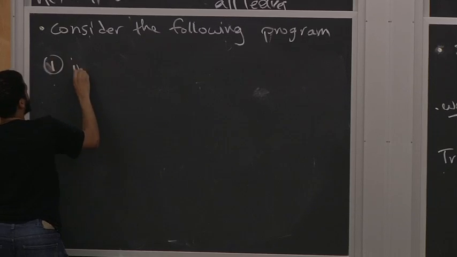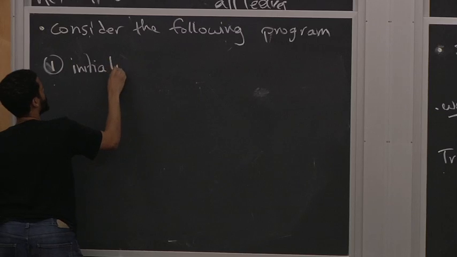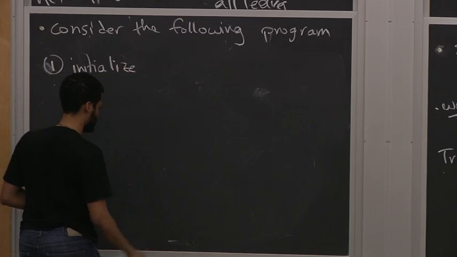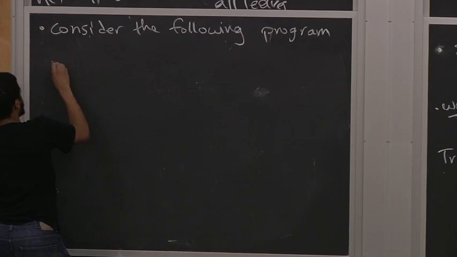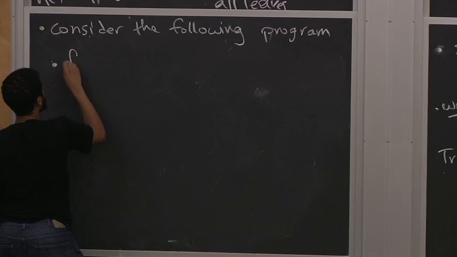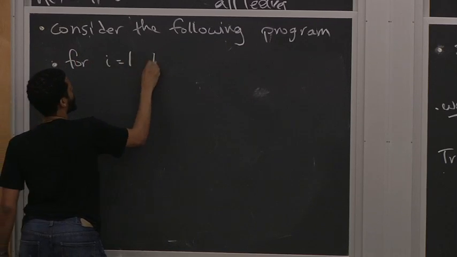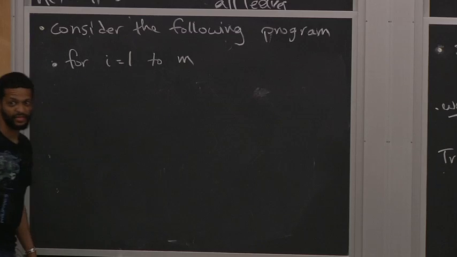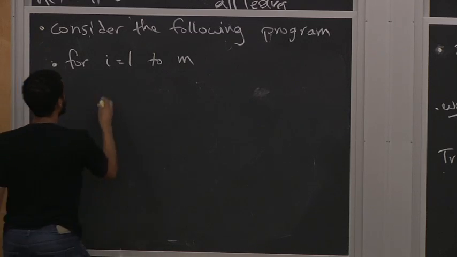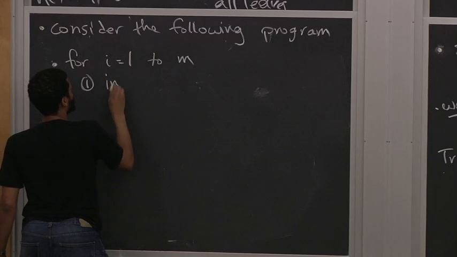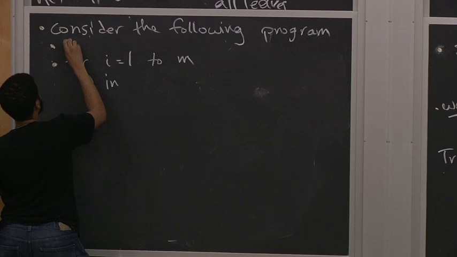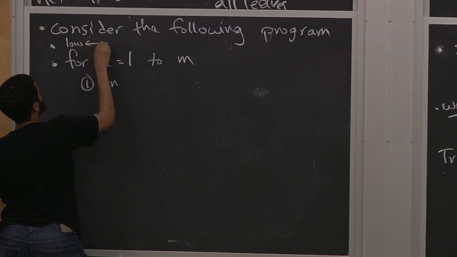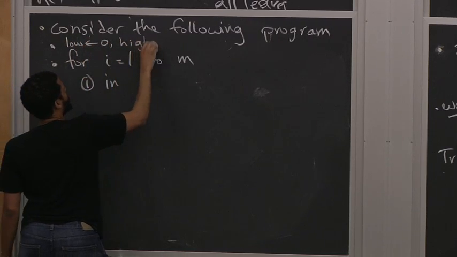Initialize pi, with i going from 1 to m, and let's say low is 0 and high is 0.